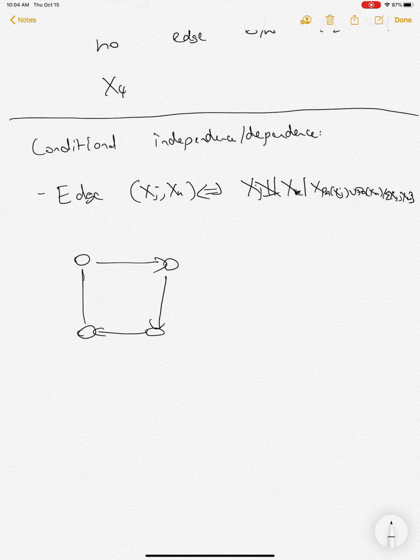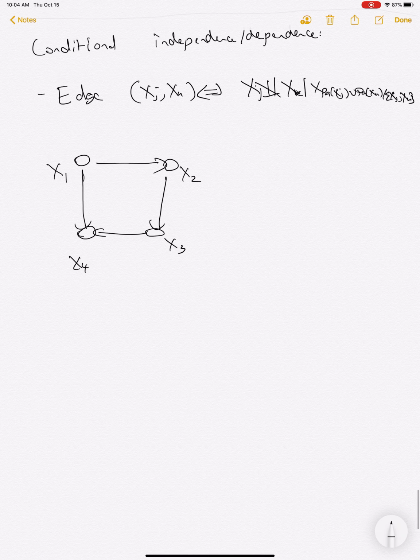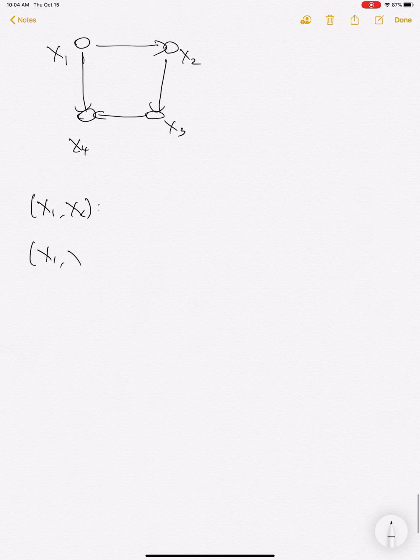Okay, just as a reminder, there's 6 pairs that we have to look at. So we first look at the edge between x1 and x2. Then we look at the pair x1, x3. So there's always p choose 2 pairs.